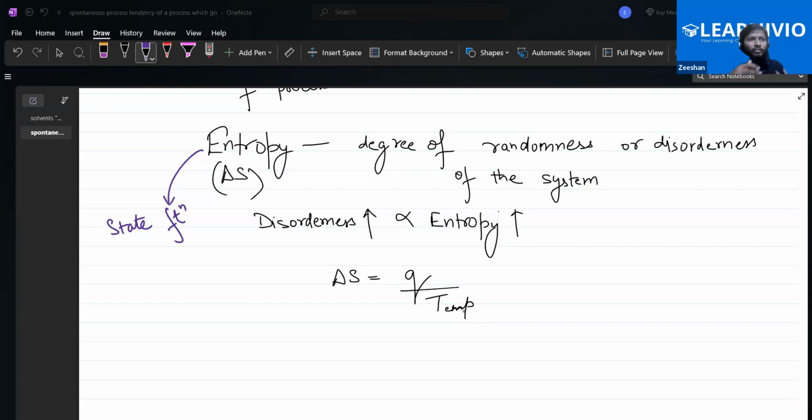So state functions are measurable properties like temperature, pressure, and volume, right? You can say that this is the temperature of the system. Yes, sir. So these are the state functions. And what are the path functions?